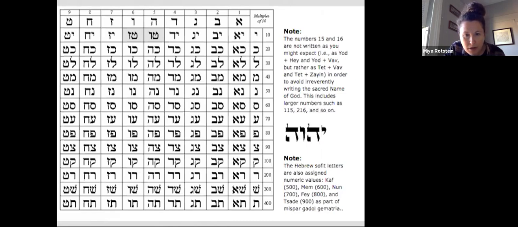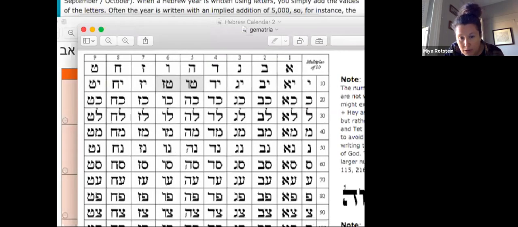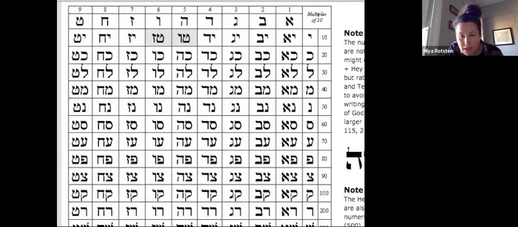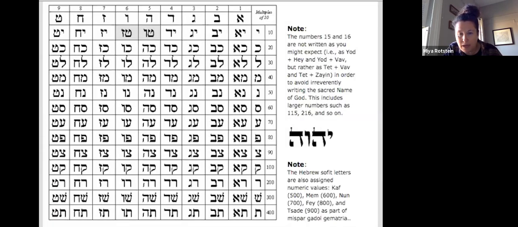I'm going to make it a little bigger because the quality of the slide is not great. Is that helpful? Okay. So what we have going on in the gray box is an issue. As it says, the numbers 15 and 16 are not written as you might expect, i.e.